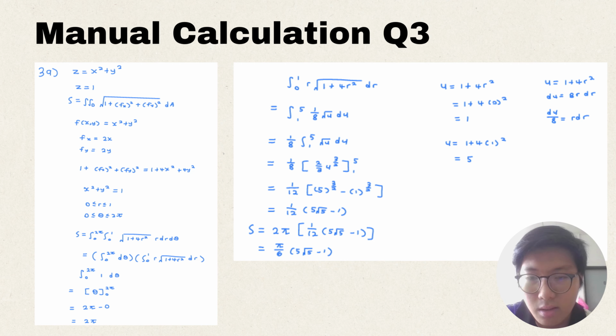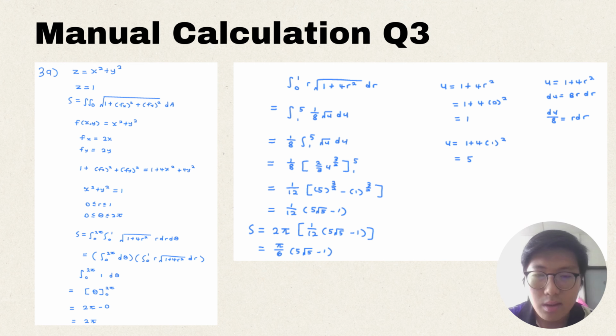So later we will use the 1 plus 4r squared in our integration, and then now we need to find the r and theta. For the r, we can find it by using the equation given from the question, it is 0 to 1, and for the theta, since it is the full paraboloid, it will be 0 to 2 pi.